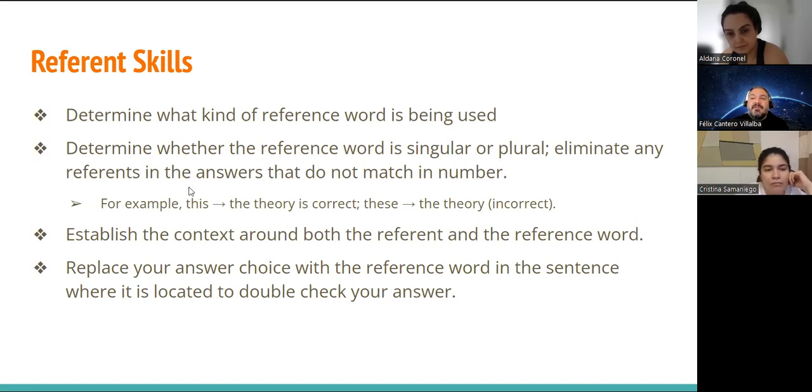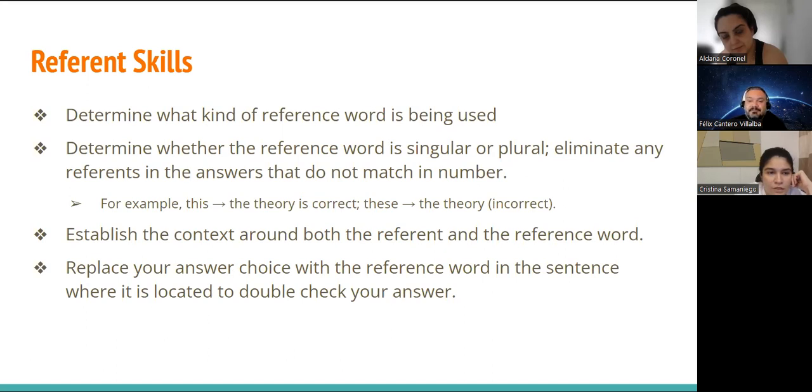So if the referent is this and it refers to the theory, the option can be correct. But if the referent that is being asked about is these, and the option answer is the theory, it will be incorrect. The theories could be, but the theory will not work. Okay, so this is a simple test to eliminate wrong answers.